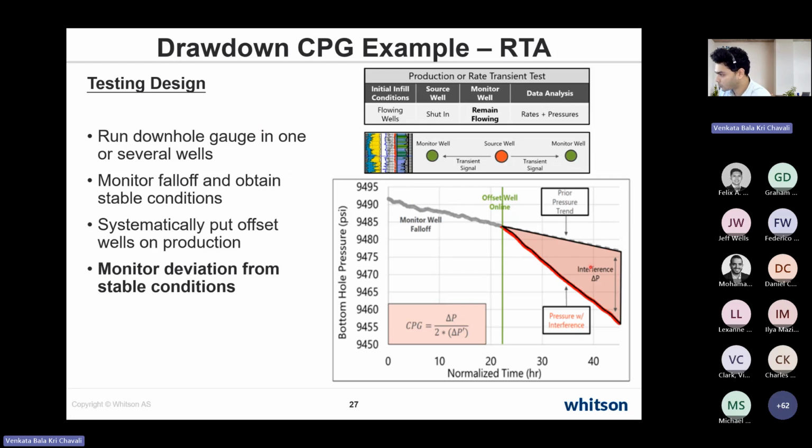So one of the drawbacks with the CPG analysis is that a 0.6 or a 0.7 or a 0.8 in one well, and you get the same number in another well, may mean that they're both moderately interfering, but that does not really quantify the amount of interference, if you will.